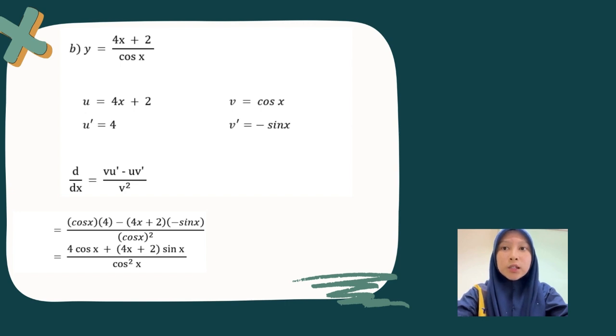We will get cos x multiplied by 4 minus 4x plus 2 multiplied by negative sin x over cos x squared. And then we simplify the equation, and the equation will be 4 cos x plus 4x plus 2 multiplied by sin x over cos squared x. And that's the final answer for this question.